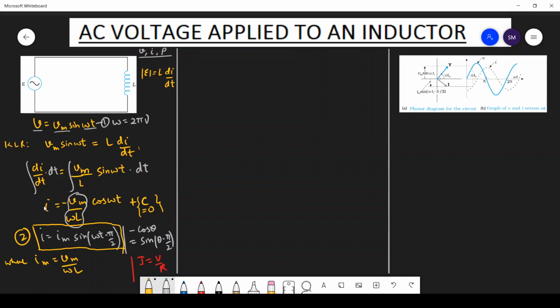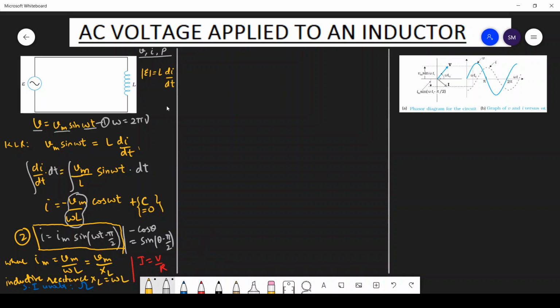So I call this omega L the inductive reactance, XL. Inductive reactance XL is equal to omega L. But what are the units of this inductive reactance? The units of inductive reactance are the same as the unit of resistance, which is ohm. So the SI unit of inductive reactance is ohm.